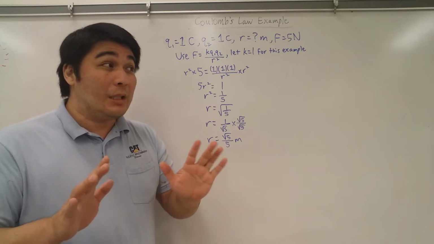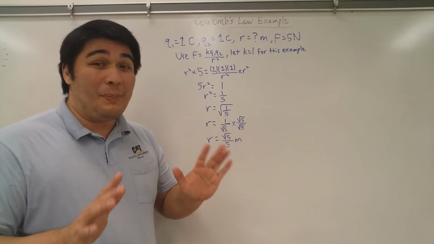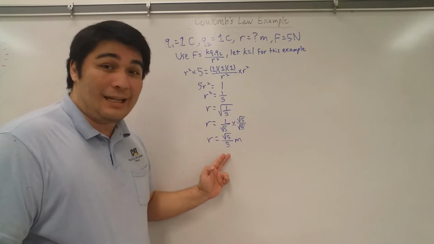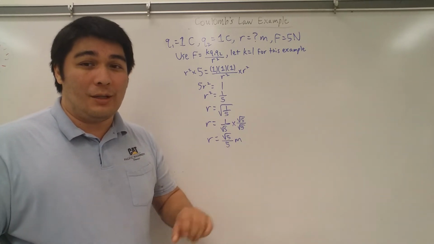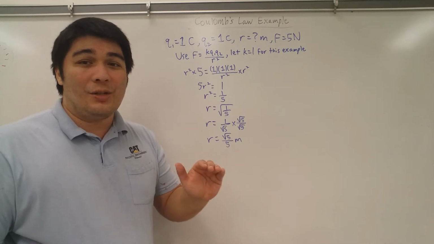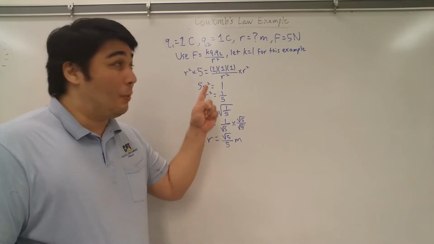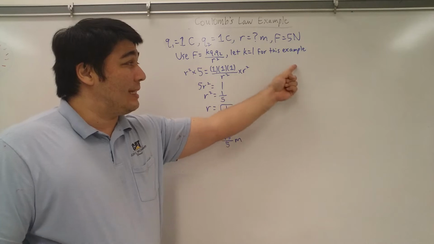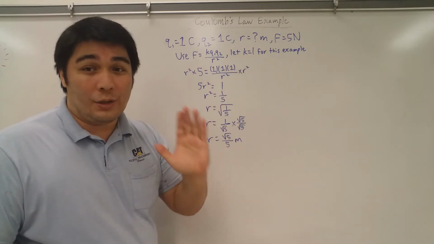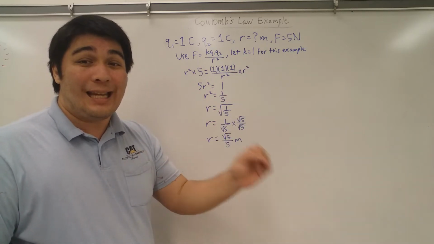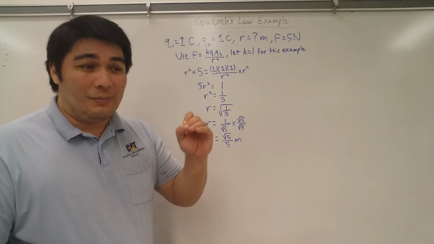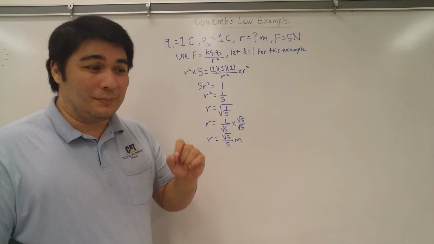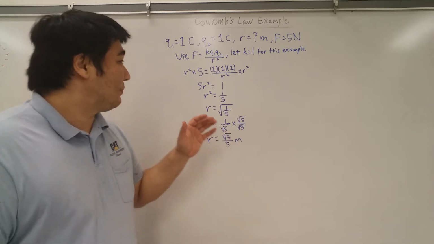The real answer is quite a bit bigger than this one. But I wanted to avoid that for now, just so that you understand. For this example, K is 1. But when you actually take the test, K is 8.99 times 10 to the 9th newton meter squared per Coulomb squared. So please keep that in mind.